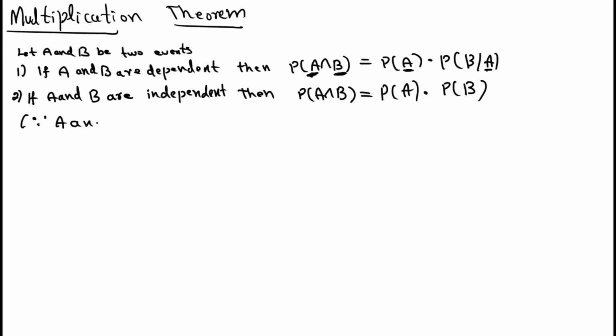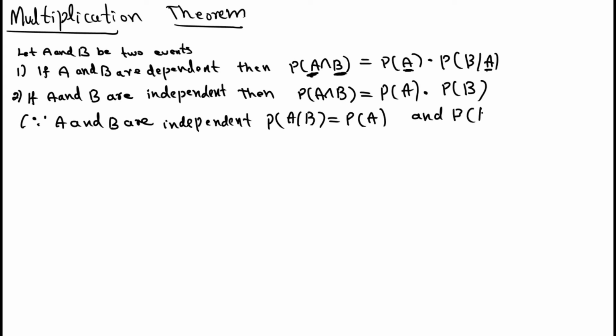Since A and B are independent, probability of A by B is equal to probability of A only, and probability of B by A is equal to probability of B only. See, dependent means you will get probability of B by A. Independent means the value of probability of B by A is equal to probability of B only. That's why your formula is: if A and B are independent, then probability of A intersection B is equal to probability of A into probability of B.